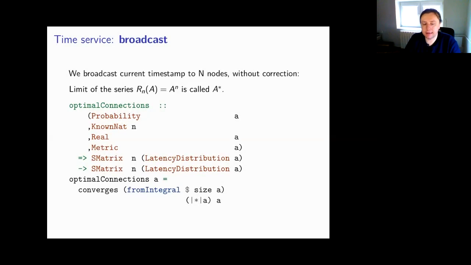Right, and we can easily check how long it approximately takes us to broadcast the thing to all nodes in the network by making a consecutive approximation. Basically, we're multiplying the matrix of network connections or network connection latencies by itself n times, which basically means in n hops, right?